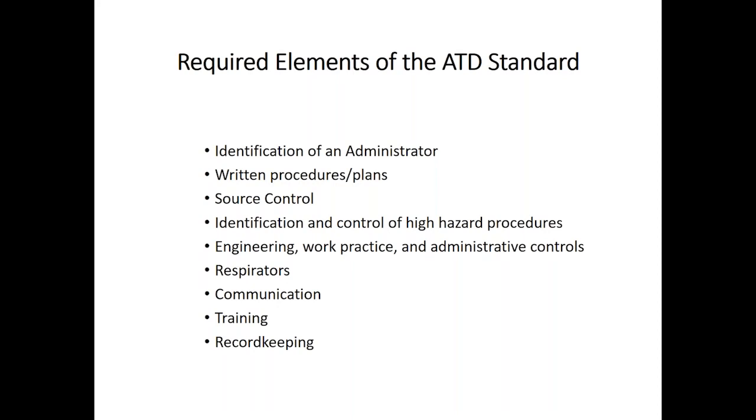They have engineering controls, which may need to be tested, or preventive maintenance needs to be performed on them, and ensure that that work is being done. That they have a respiratory protection program, and we'll talk about that specifically a little bit later. That they're communicating to employees on the hazards of the workplace, they're training them, and they're keeping medical records and records of maintenance of equipment that's important to the program.